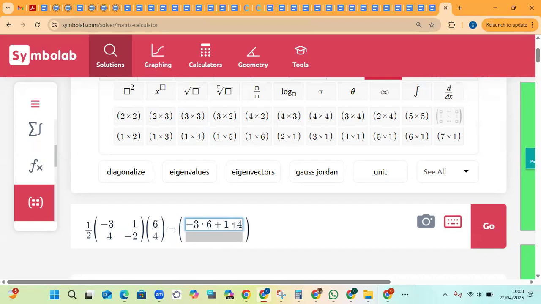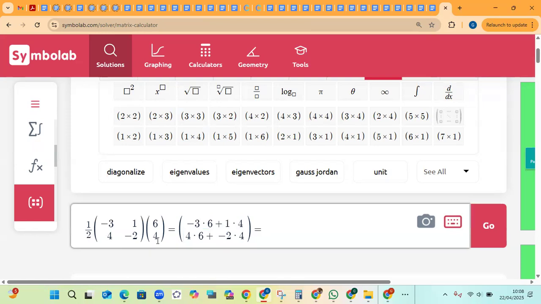That's another symbol for multiplication apart from the multiplication sign. And so we are done with this row, towards that only column. So I'm going to use the second row now towards the very same column. So it's 4 times 6 plus negative 2 times 4.